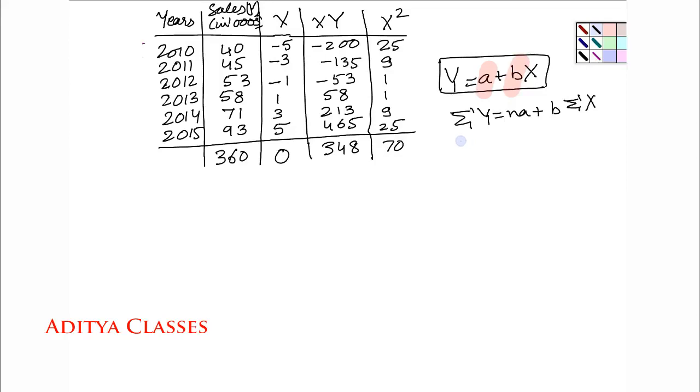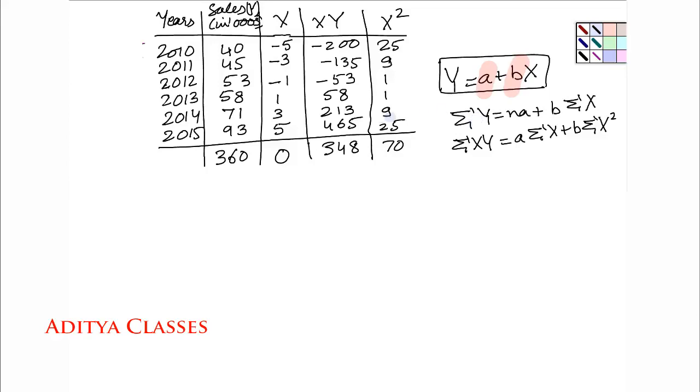And the other one becomes sigma xy is equal to a sigma x plus b sigma x square. So these are the two equations that we solve simultaneously to get values of a and b. Let us go ahead and solve them.